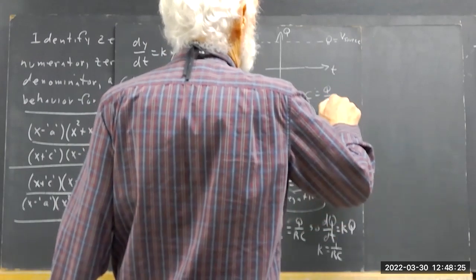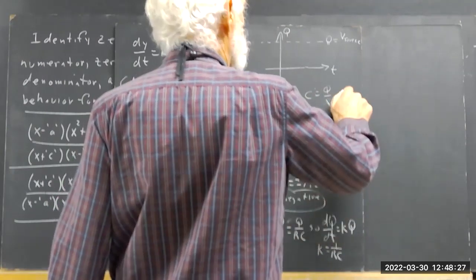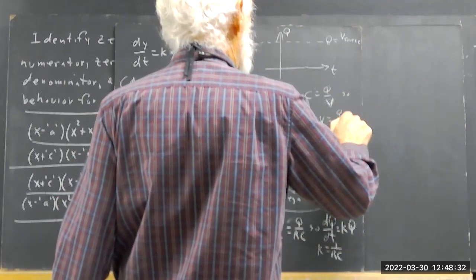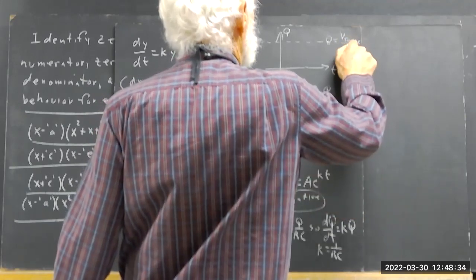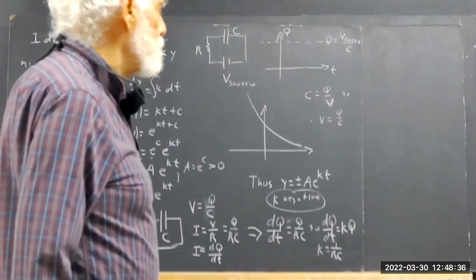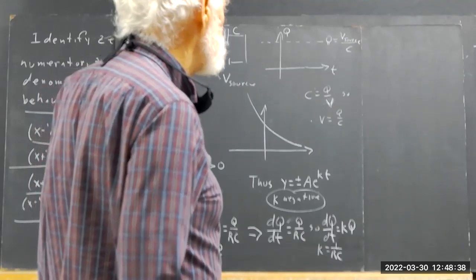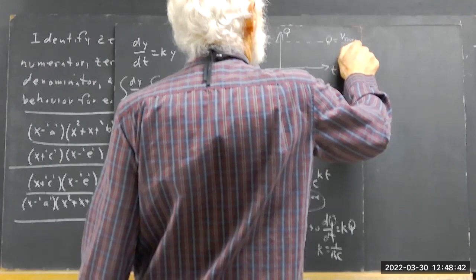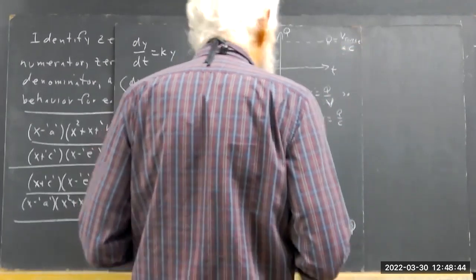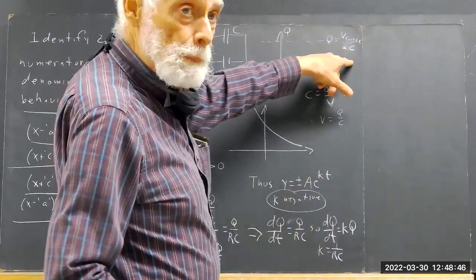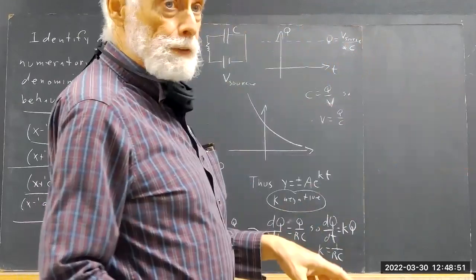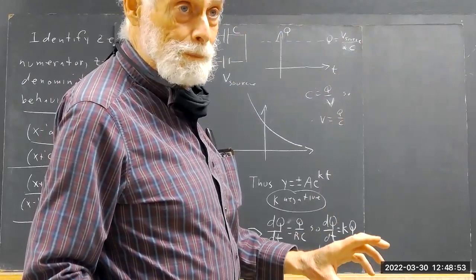I said it wrong. I said what I meant. And you multiply the voltage by the capacitance to get the charge, because again, capacitance is charge per unit of volt.